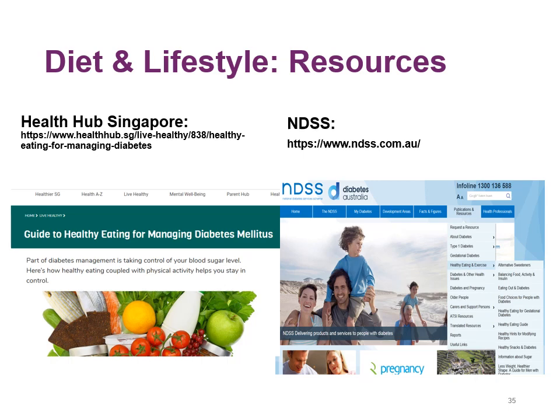And the one on the right is the NDSS website, which is from Australia, and gives you comprehensive education about diabetes, how to control it, exercise, and it's pretty comprehensive because I couldn't find a Malaysian website that gives this much knowledge. So that's why I recommend these 2 websites. But yes, unfortunately, it's in English. So we hope that the patient has children or grandchildren who can translate it to them.